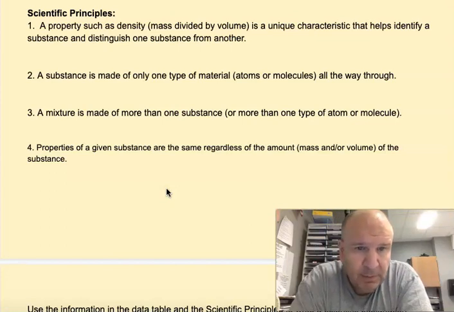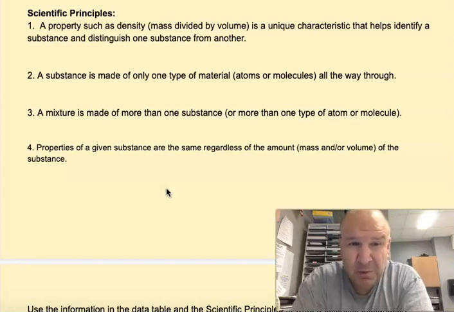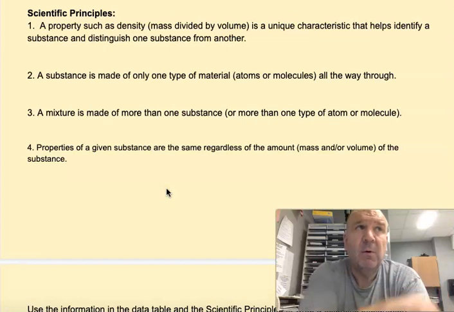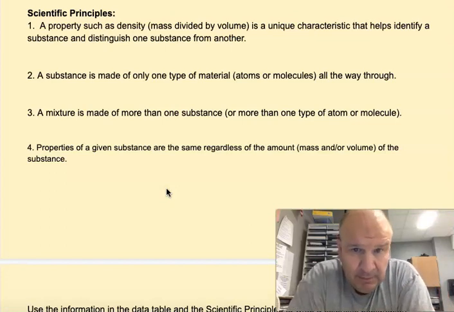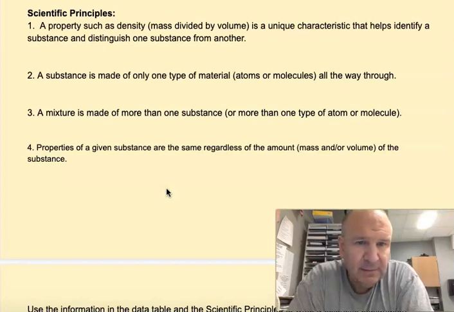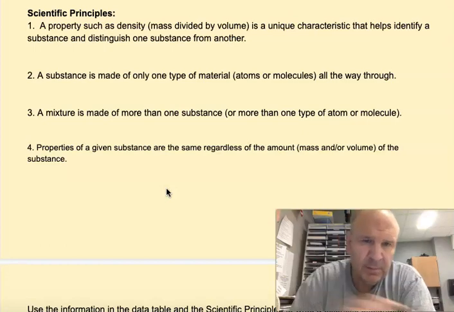And 4, properties of a given substance are the same regardless of the amount, mass or volume, of the substance. You had to pick which one of these 4 would be the most relevant, and in our case, it would have been number 1: properties such as density are a unique characteristic that helps you identify a substance and distinguish one substance from another.